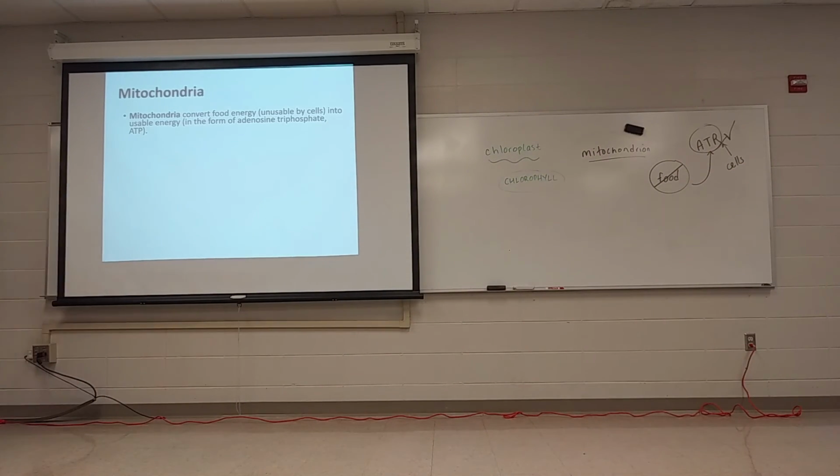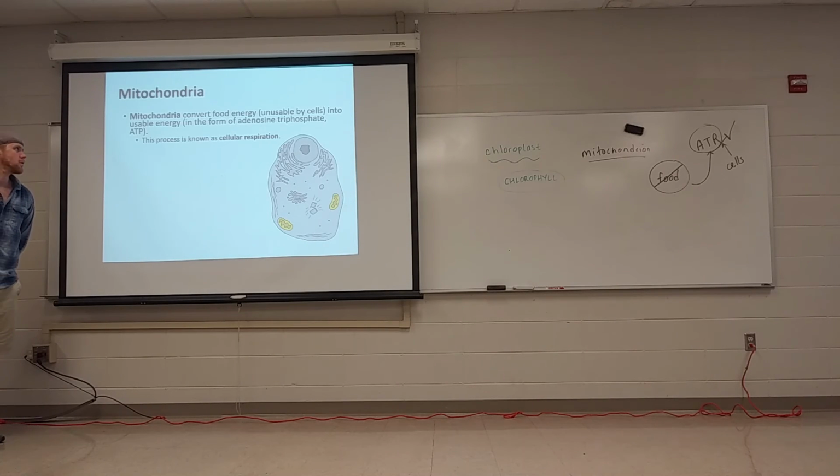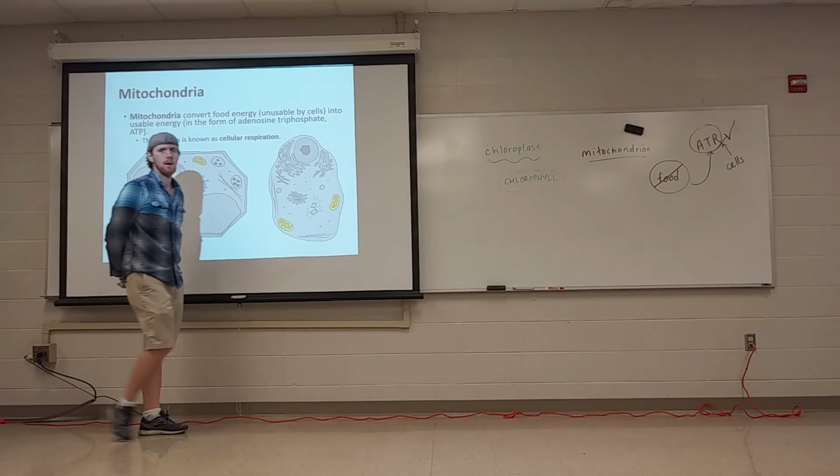So it's all about energy converting. The process of breaking down food is called cellular respiration. That was the equation that we looked at. So if plants make their own food, do they still need mitochondria to do this cellular respiration process? And the answer to that is yes, they do.